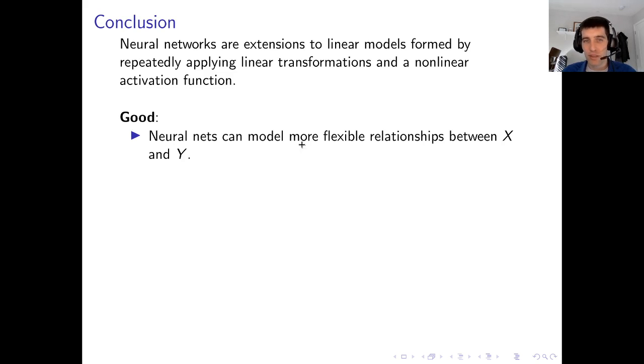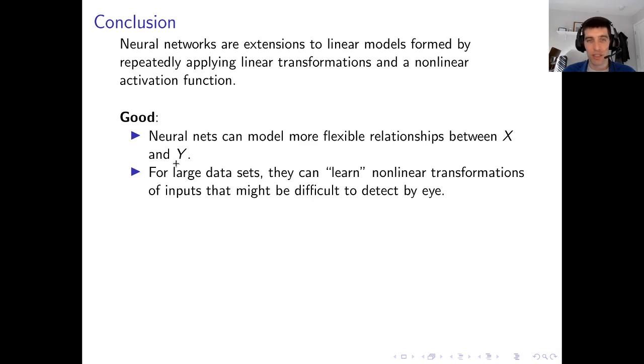What's good about them is that they can model more flexible relationships between x and y, and they do it automatically. We didn't have to find good transformations in that relationship between temperature and bike count, the number of bicycles rented.